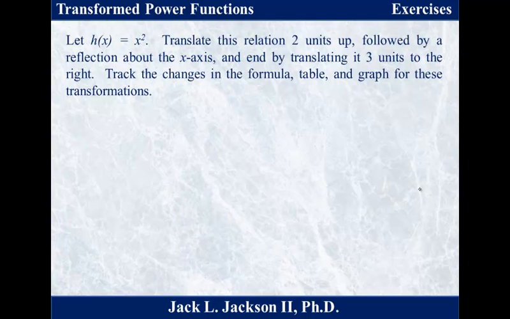So you're tracking what's happening numerically in the table, or with the actual points, and pre-image to image. And then track what happens in the formula as well as we make each of these, and describe in words what happens to the graph, which we've actually already got, and then actually show the graph for each of the ones. It's best if you get about 4 colored pencils here, and do everything color coordinated.